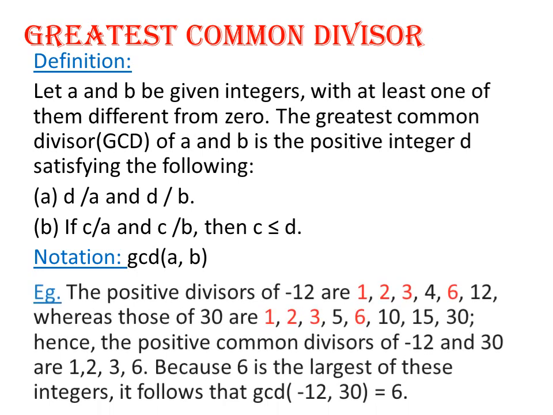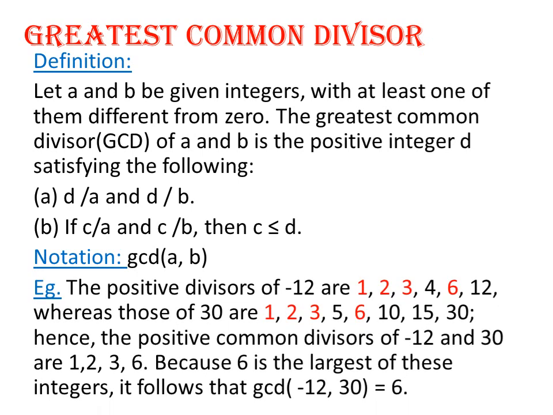For example, let us find out what is the GCD of minus 12 and 30. To do this, let us collect all possible positive divisors of minus 12, which are as follows: 1, 2, 3, 4, 6 and 12. And all positive divisors of 30 are 1, 2, 3, 5, 6, 10, 15 and 30.